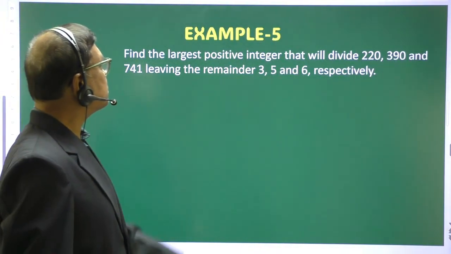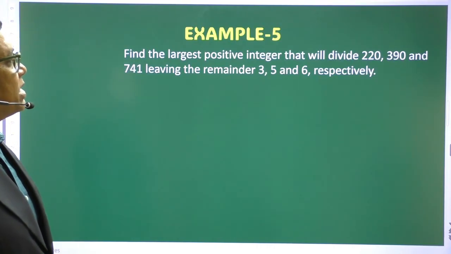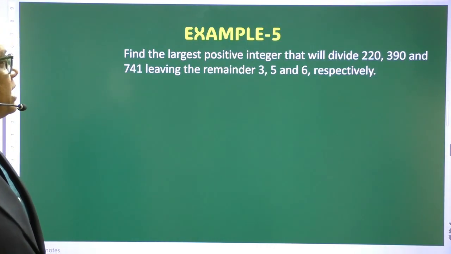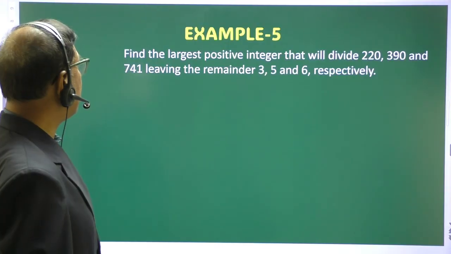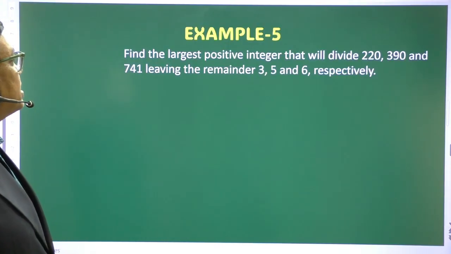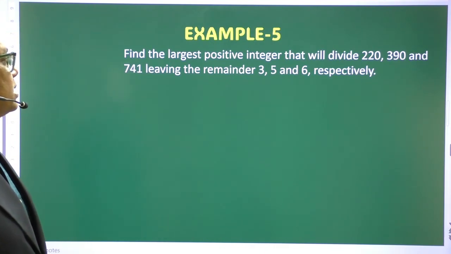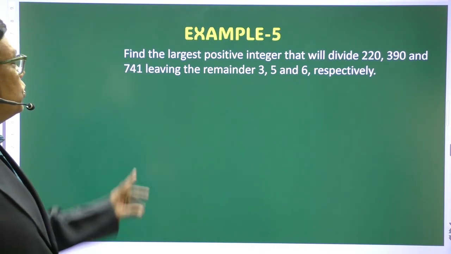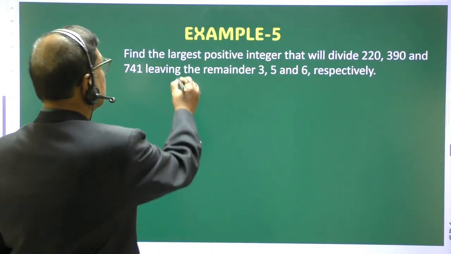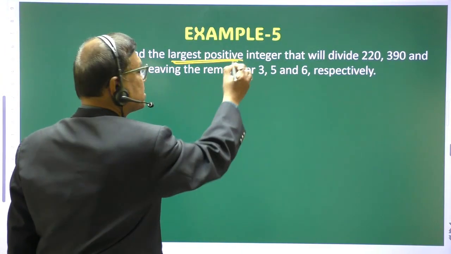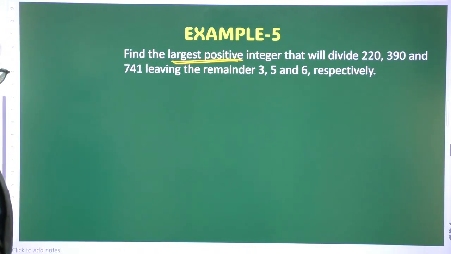Find the largest positive integer that will divide 220, 390 and 741, leaving the remainder 3, 5 and 6 respectively. We have to find the largest positive integer. So largest means HCF.